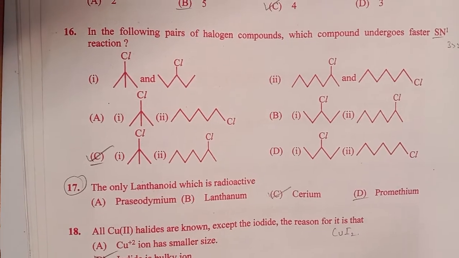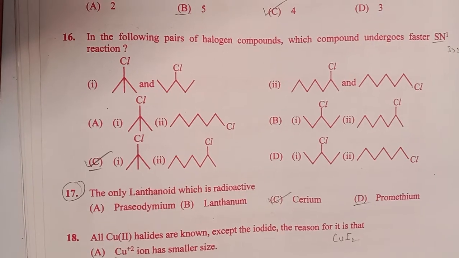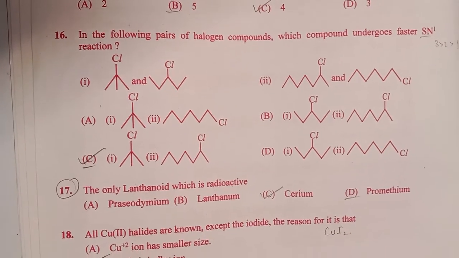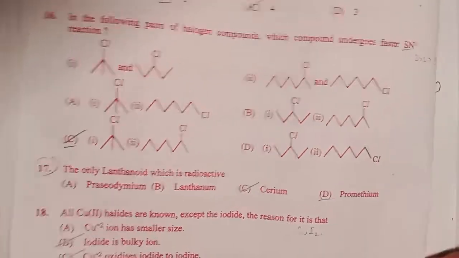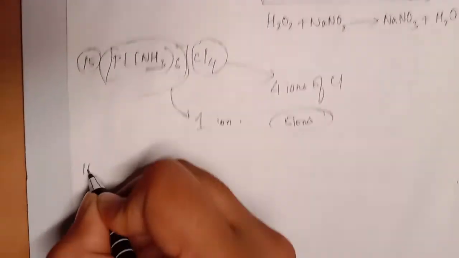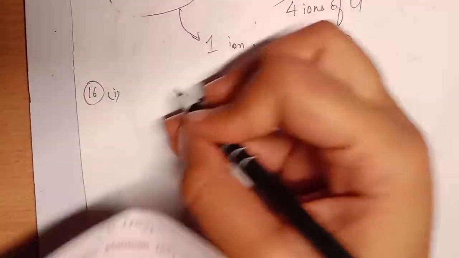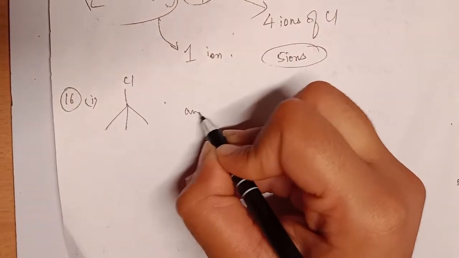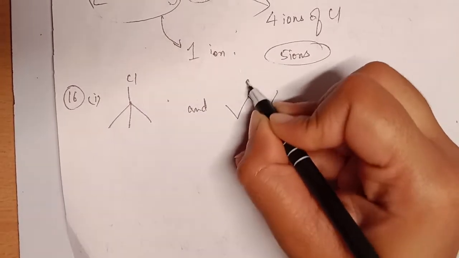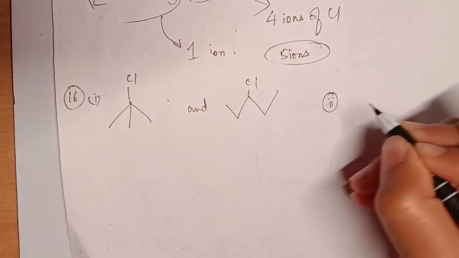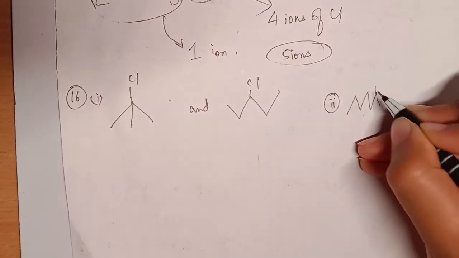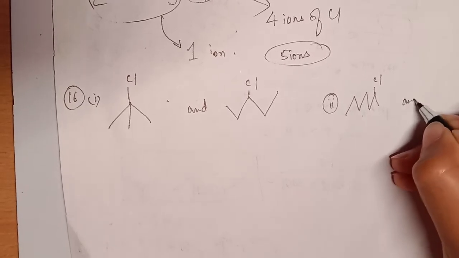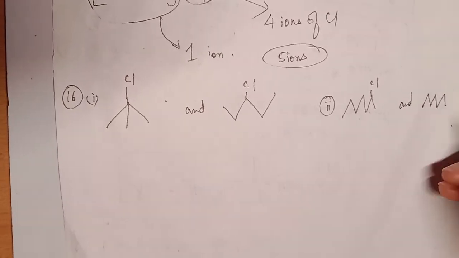In the following pairs of halogen compounds, which compound undergoes faster SN1 reaction? We'll take up the first pair, this and this. The second pair is this and this.